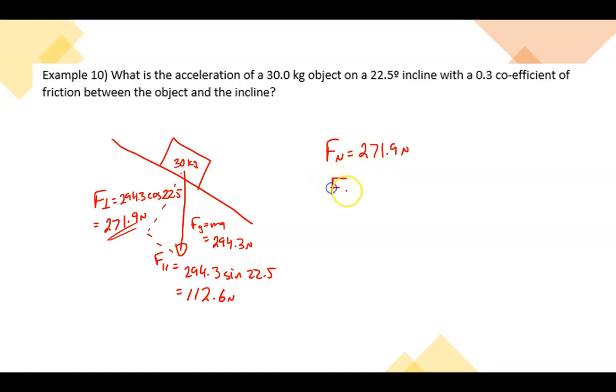To find the frictional force, well, that's going to be equal to mu times the normal force, or 0.3 multiplied by 271.9, which gets you 85.6 newtons. So we know the frictional force holding it up.